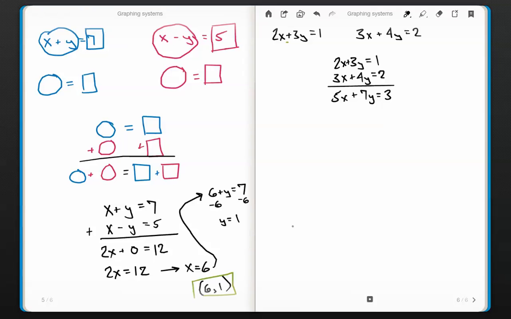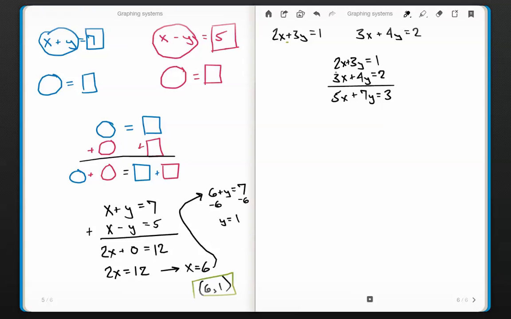So we didn't really make a lot of progress there. What went wrong here? When I added these two together, the 2 and the 3 didn't cancel out, obviously. The 3 and the 4 didn't cancel out either. So we need to do some work.